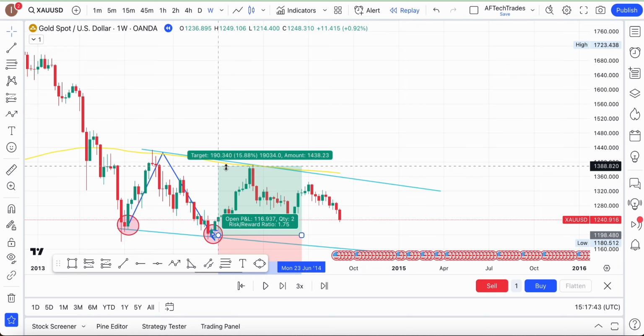You draw your trend line, so you'll be taking your profits here at the resistance point up.